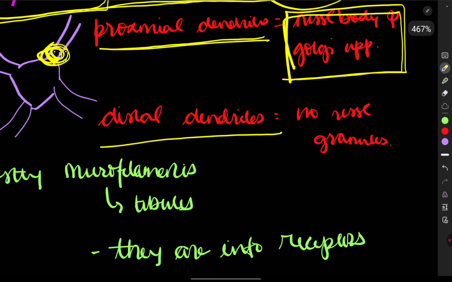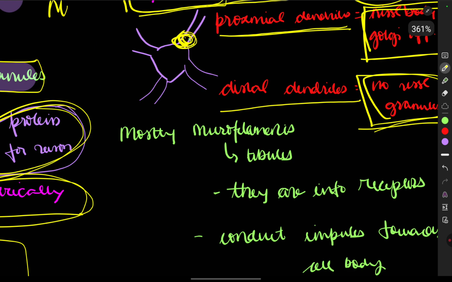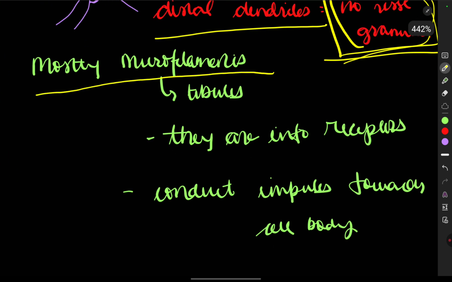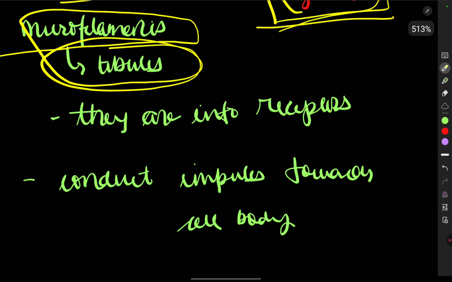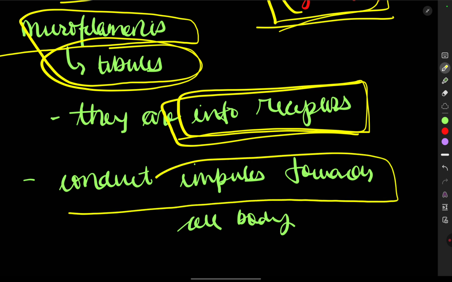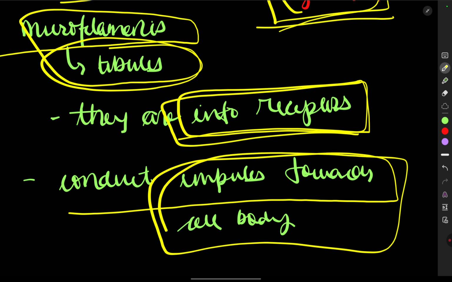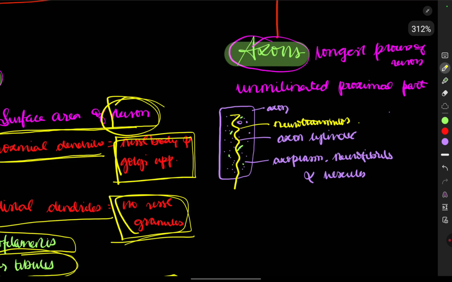The distal dendrites contain no Nissl granules. They are mostly made of microfilaments and microtubules. They act as receptors and conduct impulses forward to the cell body. We'll see the diagram also at the end.